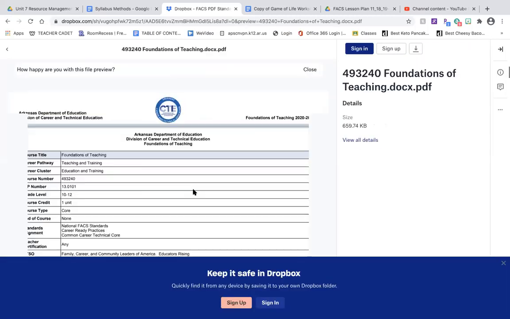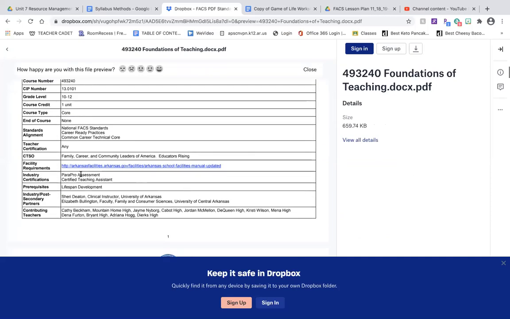I teach this course, Foundations of Teaching, and my students take the Parapro assessment. You might think of them as a teacher's aide. They're there in different classrooms for different reasons. Special ed rooms may need them to assist with a student in a wheelchair.